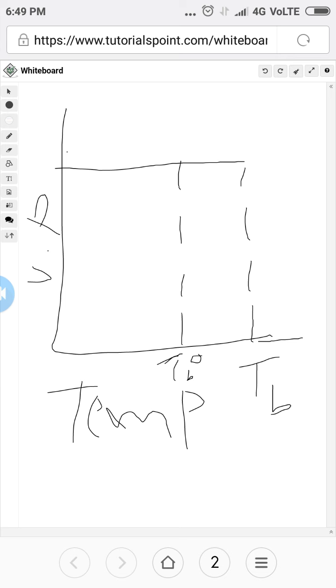TB naught is the boiling point of solvent, TB the boiling point of solution. At the boiling point, vapor pressure is equal to the atmospheric pressure.